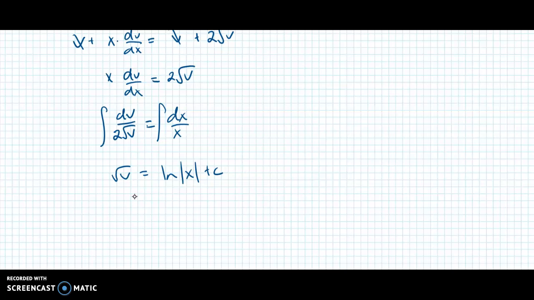So that gives me, I'm going to do it like this. Root y over x equals ln absolute value of x plus c. And then square both sides. That gives me y over x equals ln absolute value of x plus c, squared.